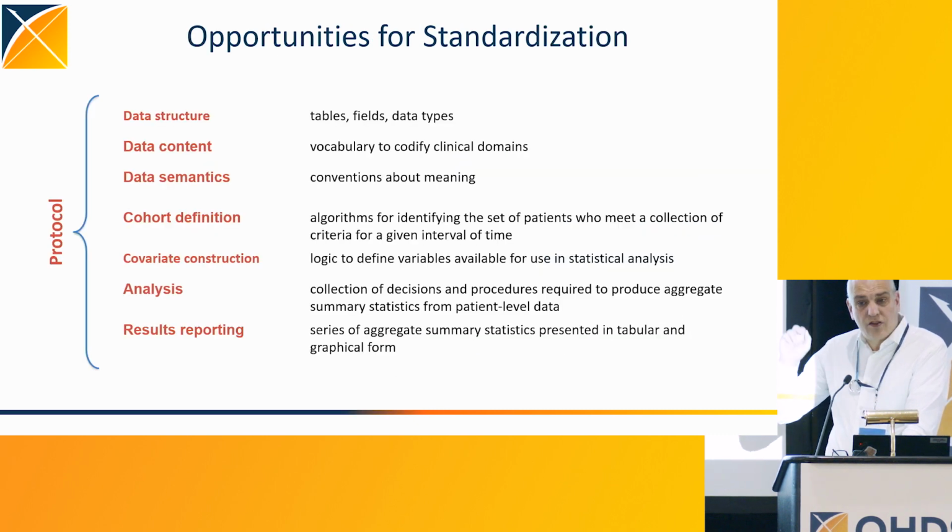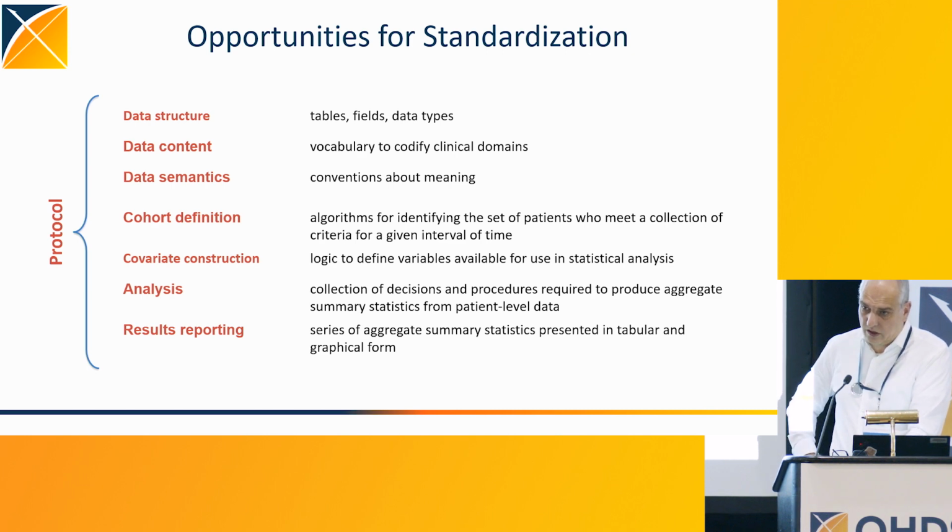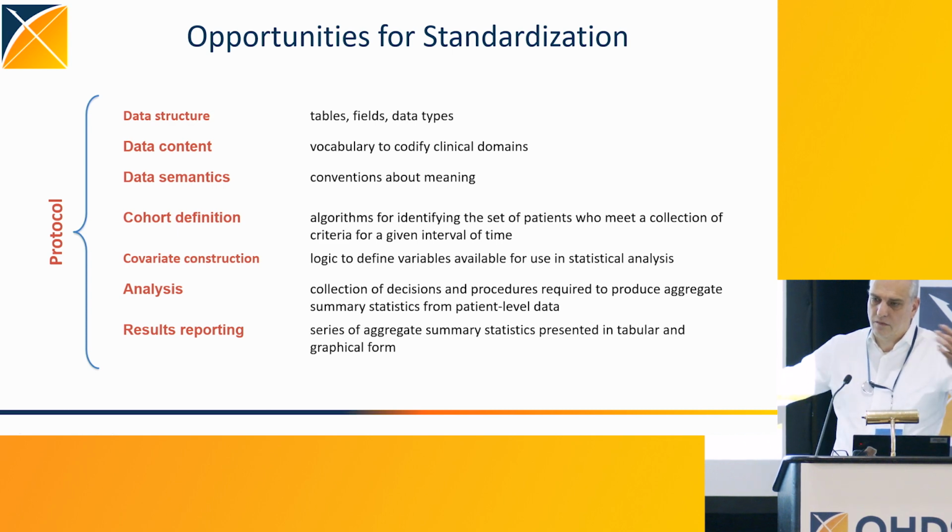So what actually is it? What's the outlet? What can you standardize? You can standardize a whole lot of things. It's the data structure, the data content, how you represent it, the data semantics, what it means, what's a bipolar disease, definitions of cohorts, these are the populations that we are studying, covariate constructions, we need that for the statistics, because everything is always connected with everything.